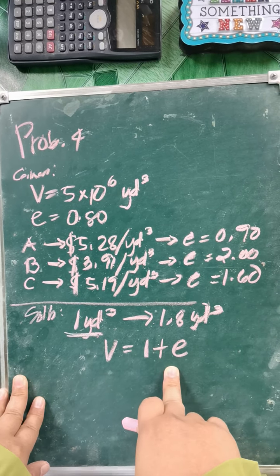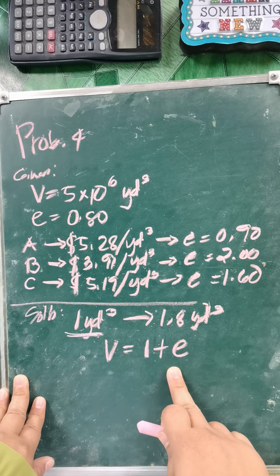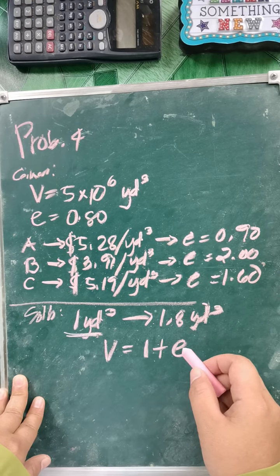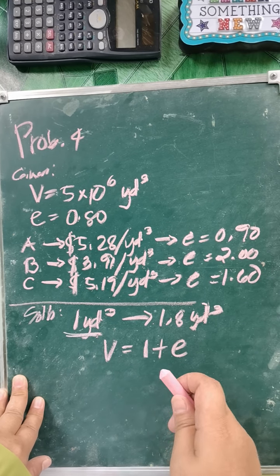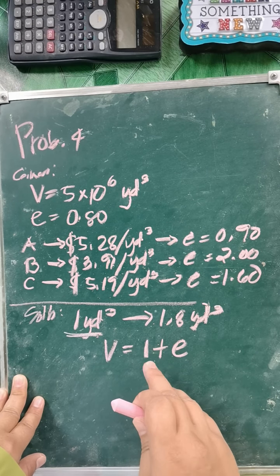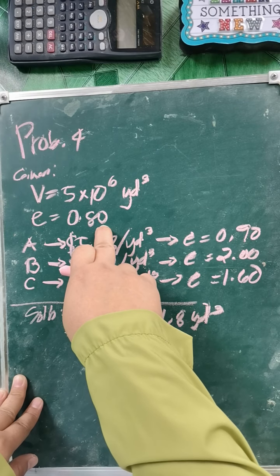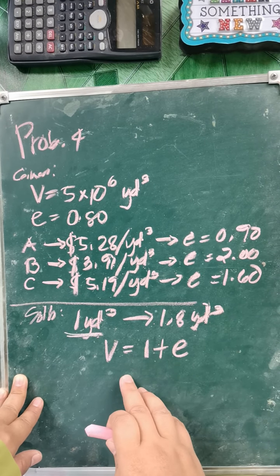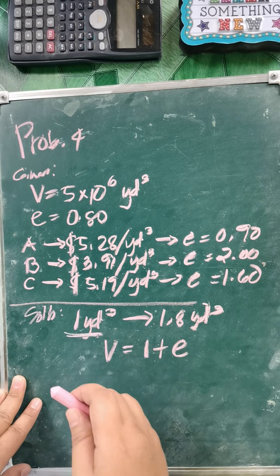For the volume of voids, that can be taken from the derivation, and we can get the 1 plus e value. So we have 0.80 volume of voids. We're going to add the 1. So we have the 1.8 volume.